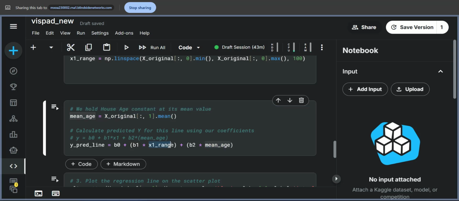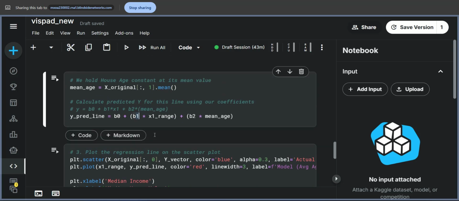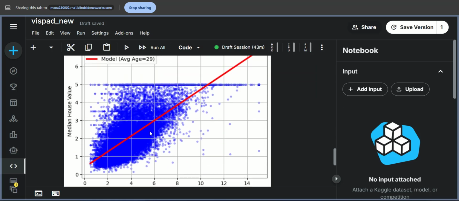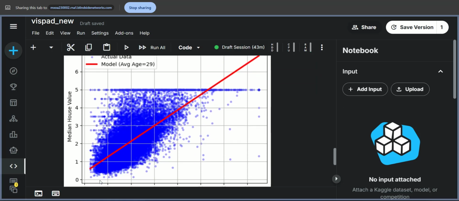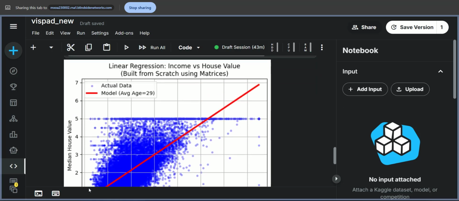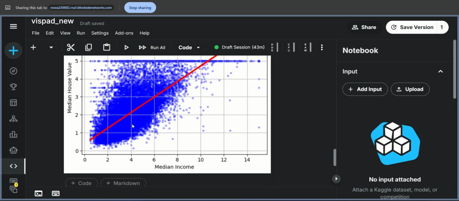Then we have our x1 range, which we are going to find like 100 times, so we are going to have 100 y points, right? Then we have our b values already, b0, b1, b2, right? So when we plot it, we will get this model average, right?